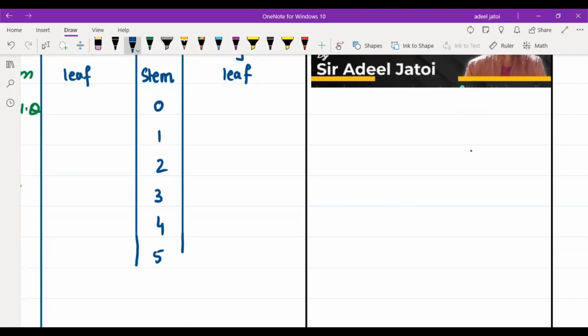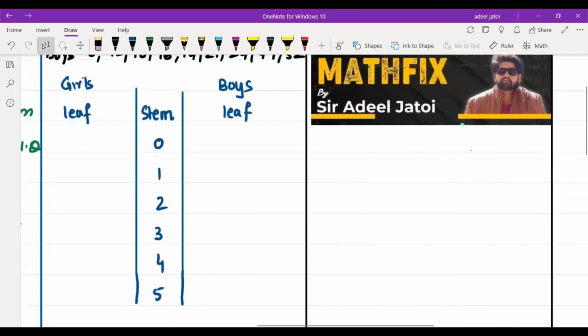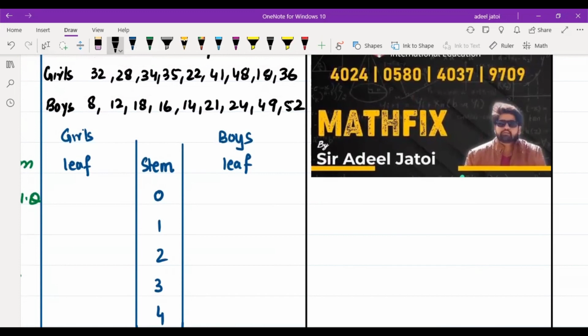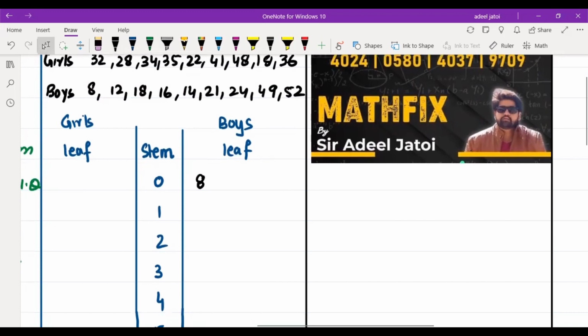Then we know that the minimum value was with boys and that was only 8. There's no other value in the units. We'll just complete the boys first, so it starts 0, 8. We have 12, 14, 16 and 18. Then we have 21, 24.